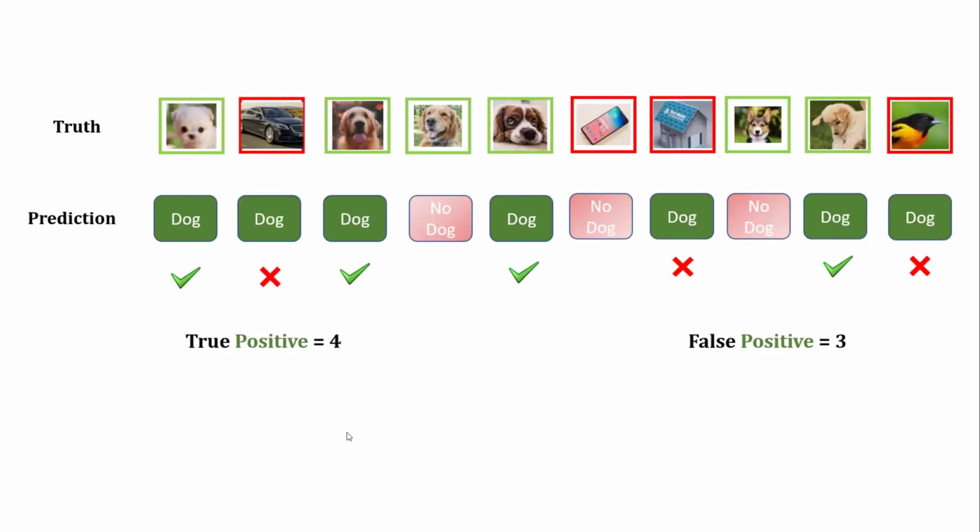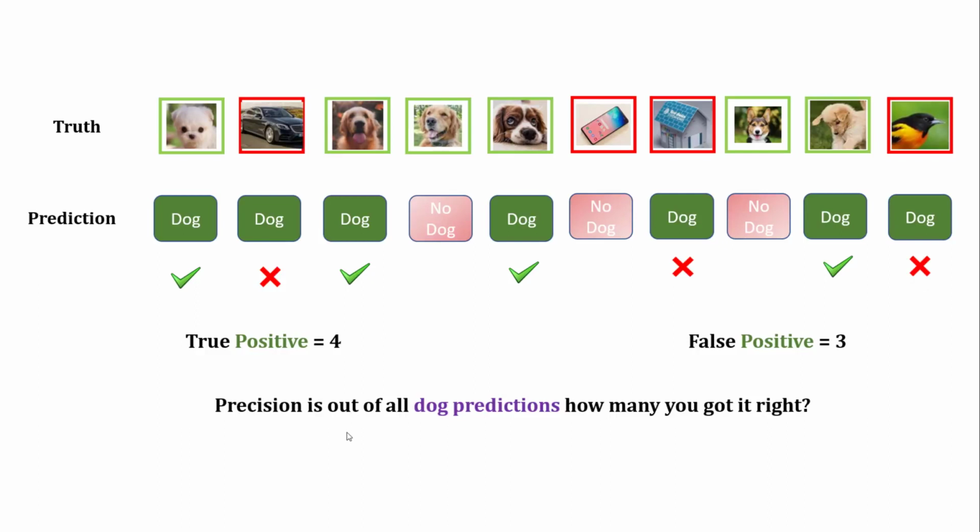Now in this diagram we are going back to only the positive class. Forget the no dog predictions, just take those out of your visualization. Here we saw true positive was 4 and false positive was 3. Precision is, out of all dog predictions, how many you got right.